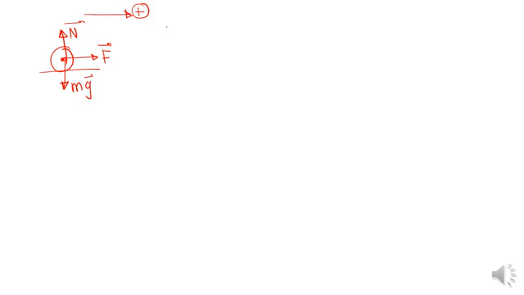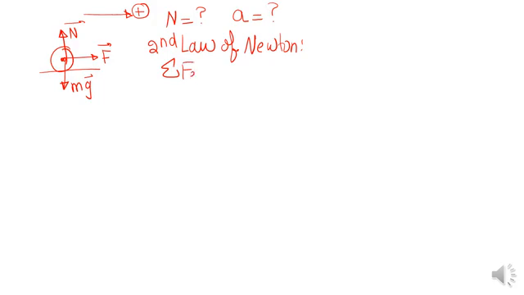If we want to find normal and acceleration, first we have to apply the second law of Newton. The second law of Newton states that the sum of external forces equals ma, then F plus n plus mg equals ma.